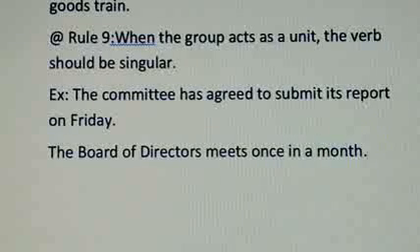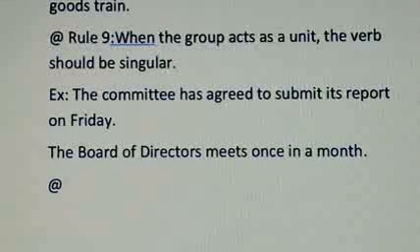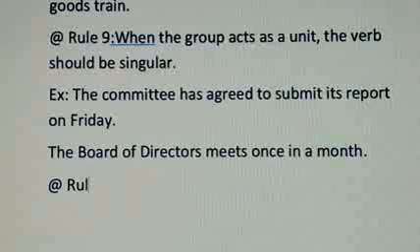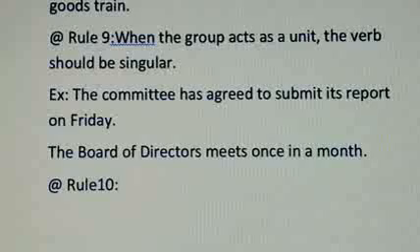My dear children, let's see the other rule, which will be rule number 10. Rule number 10. Okay, let's see.